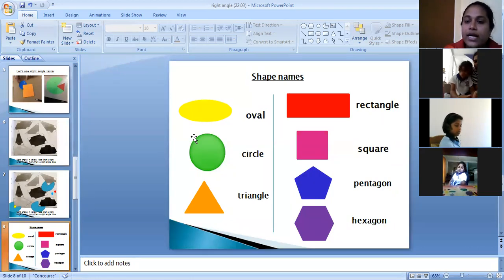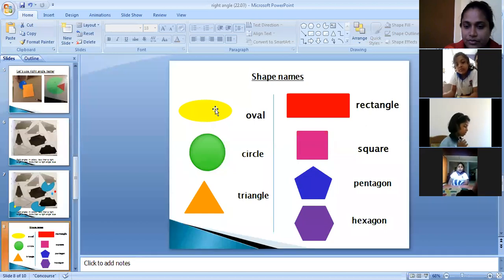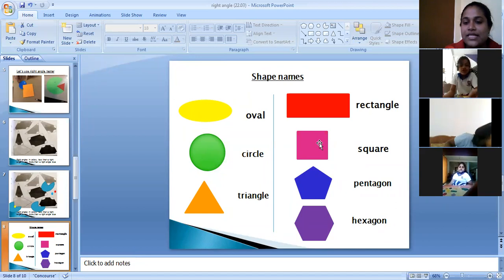What is this yellow color shape? Oval. Green color one? Circle. This one? Triangle. Rectangle. This one? Square.